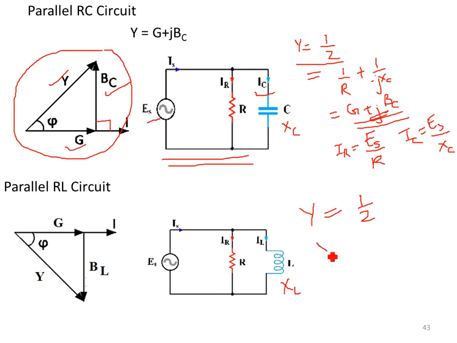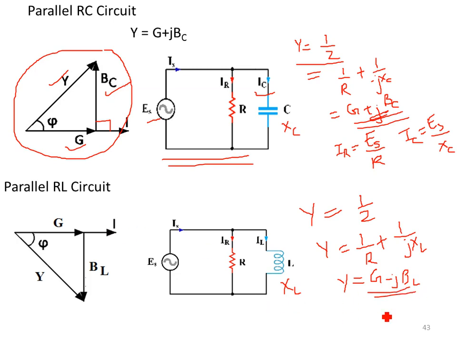So Y is given by 1/R, the impedance of the first branch, plus the impedance of the second branch, jXL, so plus 1/(jXL). Now what is 1/R? 1/R is G. What is 1/j? 1/j is minus j into 1/XL, and 1/XL is BL. So this gives the admittance of the parallel RL circuit, which is equal to G minus jBL.